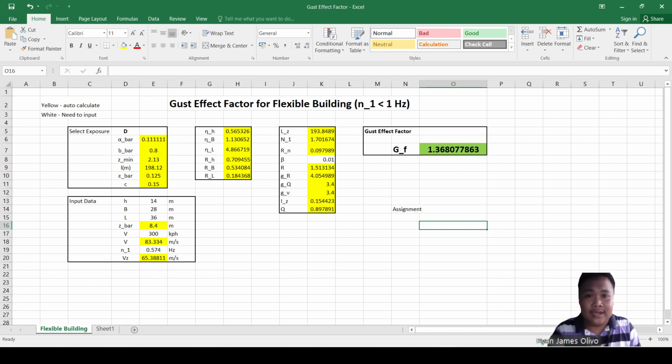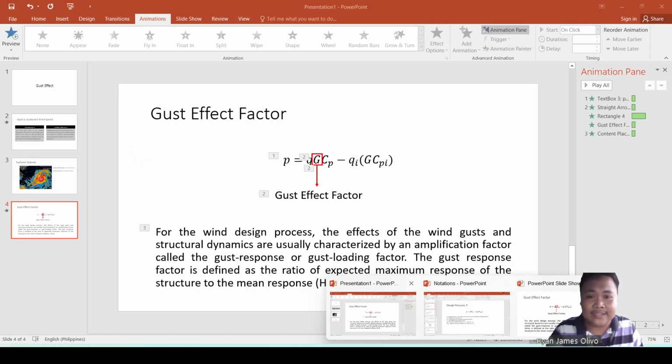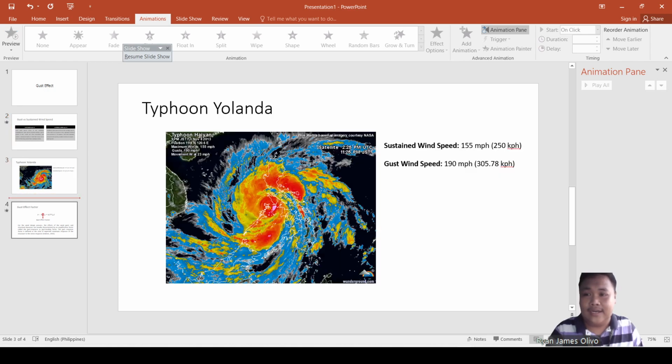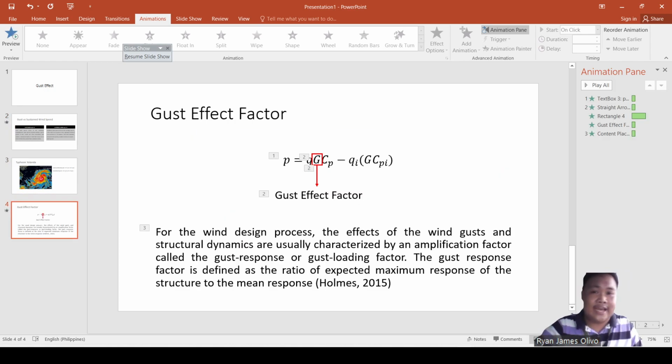So do not assume that you have a rigid building unless you compute its fundamental frequency, and that's why we have good software that can determine the modal properties, especially the fundamental frequency. So I think that is our topic, the gust effect. It is accounted for in our design as a factor. Okay, thank you.